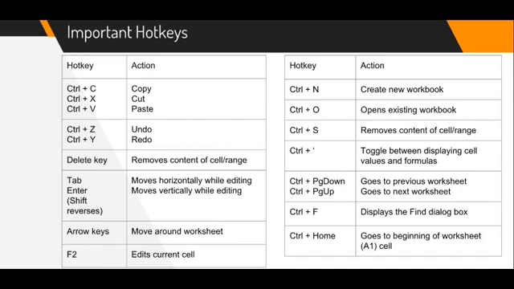There are undo and redo hotkeys as well. There's the delete key, and that lets you remove the contents of a cell or an entire range in the worksheet. You can also navigate through the worksheet without having to use the mouse or the touchpad, simply by using the tab and enter keys, arrow keys as well.